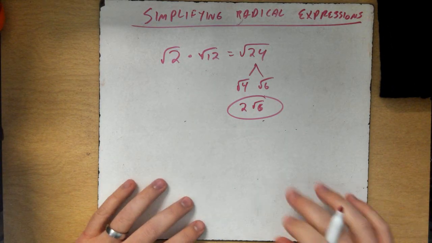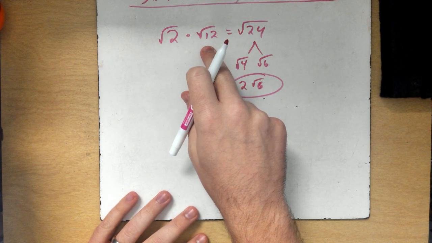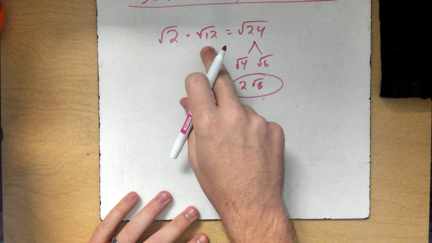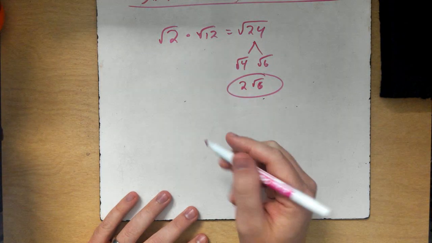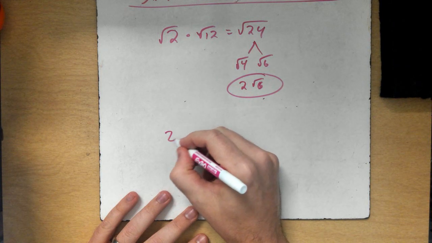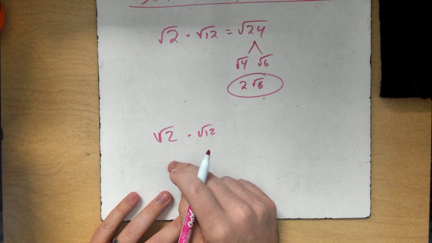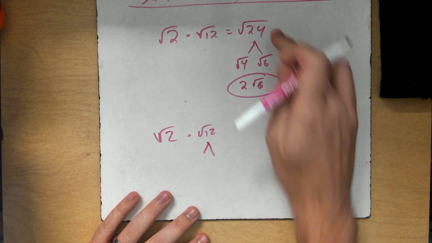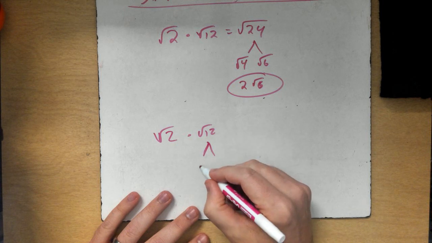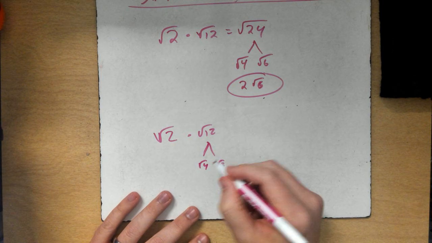Conversely, what you can also do, I'll leave this up here, is break down your 12 first. We have the square root of 2 times the square root of 12. We can break this down first, before multiplying, to give me the square root of 4 and the square root of 3, two numbers that multiply to 12, right?